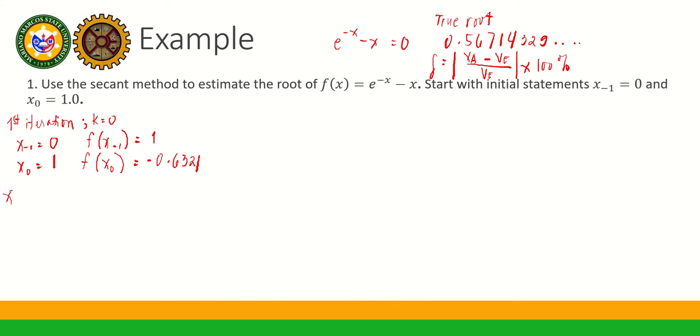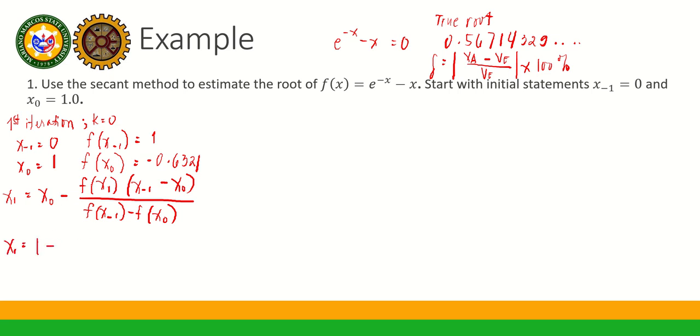So our formula will be x sub 1 is equal to x sub 0 minus f of x sub 0 times x sub negative 1 minus x sub 0 all over f of x sub negative 1 minus f of x sub 0, and k natin is equal to 0. Okay? So, plug natin yung mga values natin. So, x sub 0 is equal to 1 minus f of x sub 0 is equal to negative 0.6321.